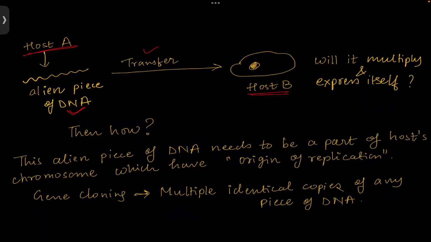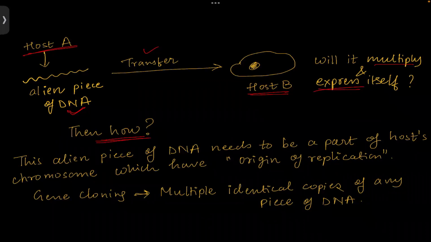Because if it doesn't multiply, then we will not get clones, right? And if this alien piece of DNA doesn't express, then we won't see the desirable phenotype in host B. We want these things to happen, but how will it happen?